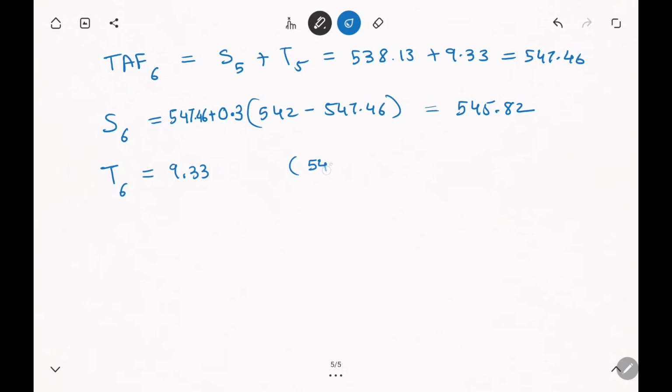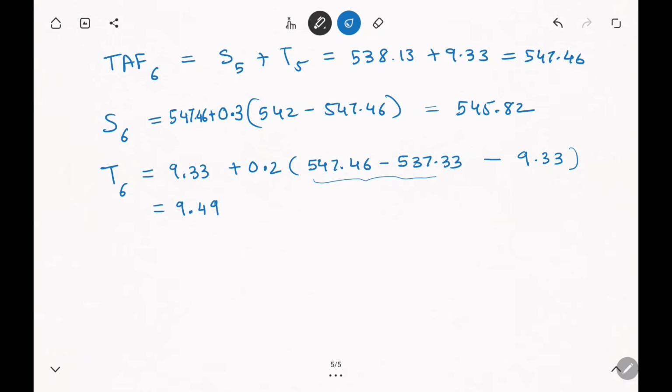So observed trend is 547.46 minus 537.33, and the trend that we had predicted, or T of t minus 1, was 9.33. That difference is multiplied by beta, which is 0.2. So 9.33 plus 0.2 times this difference. This gives us 9.49. So the slight adjustment is in the upward direction in the trend. That means the underlying slope is still positive, but it is showing small fluctuations in the positive direction. It is moving ahead, increasing.